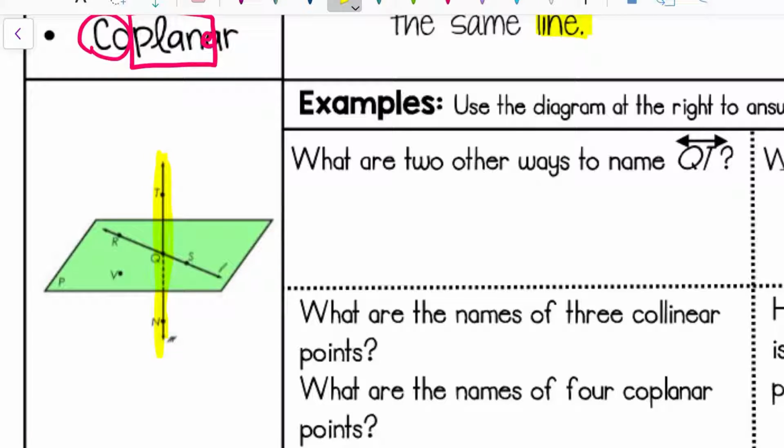Okay, so we can reverse those letters. We could name it line TQ with our line over it. We could also use the other letter here, which would be N, and we could call this line TN.